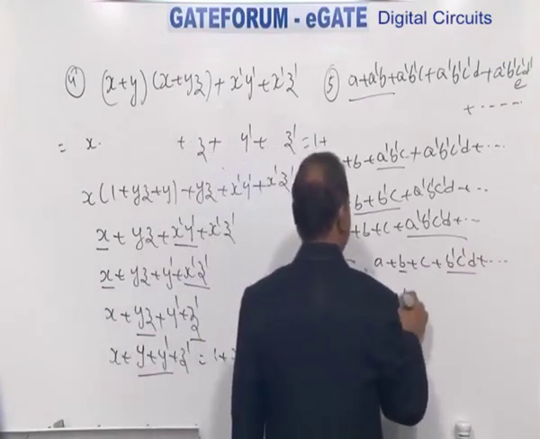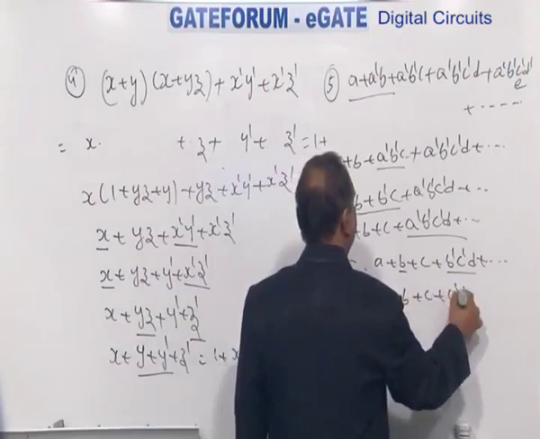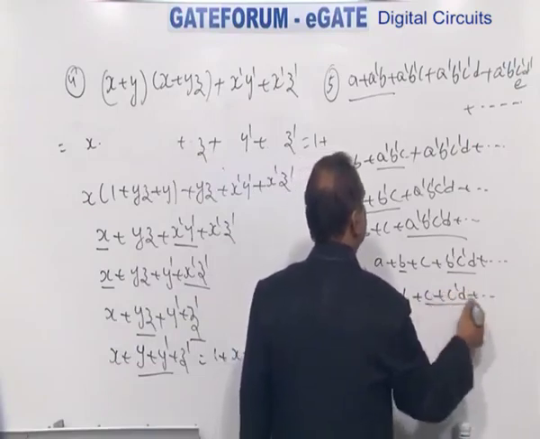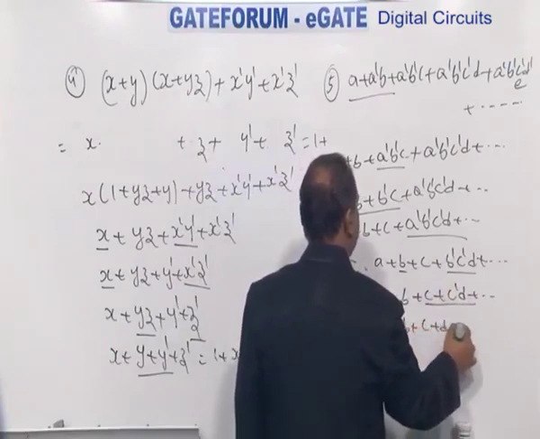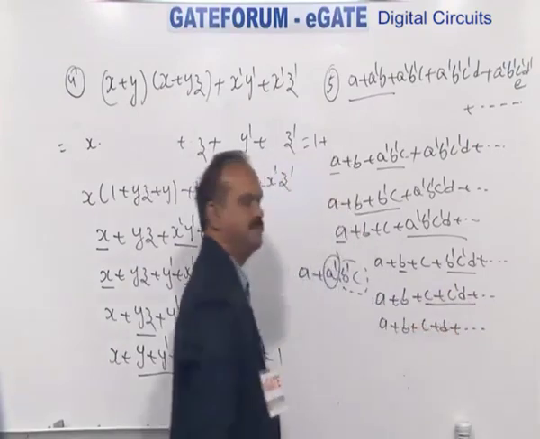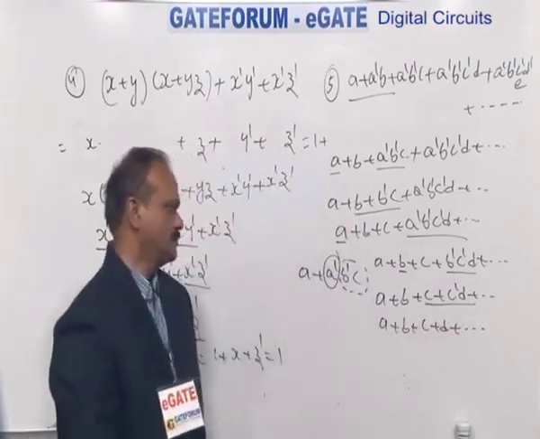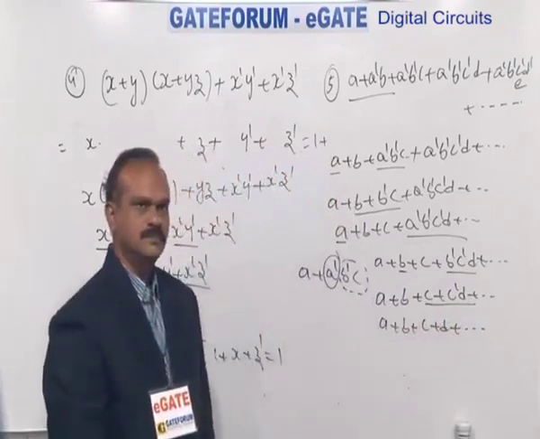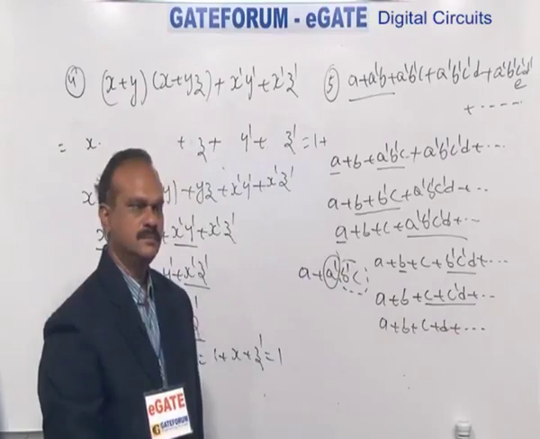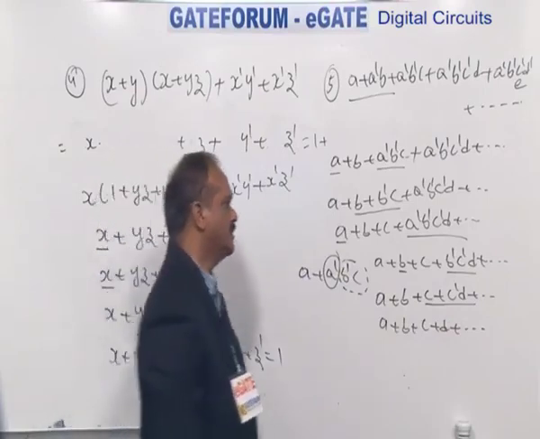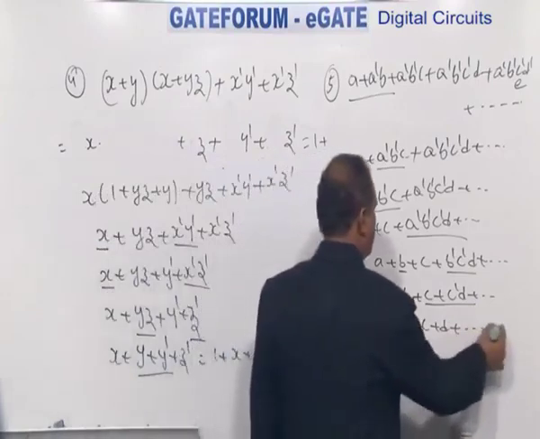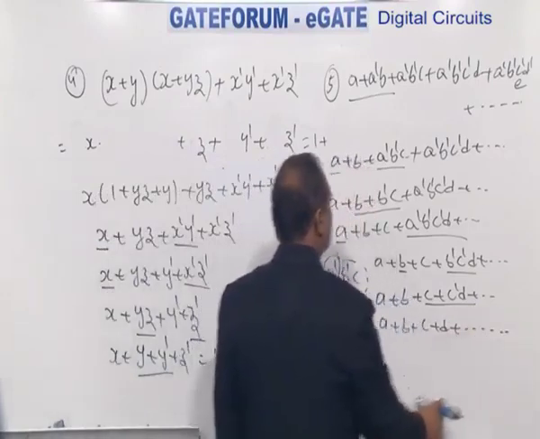Similarly c plus c bar, and so on. So the answer is a plus b plus c plus d plus e until z.